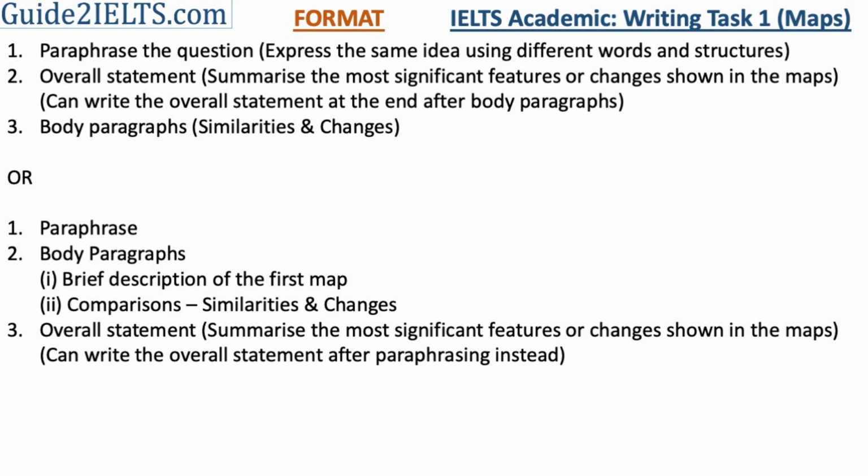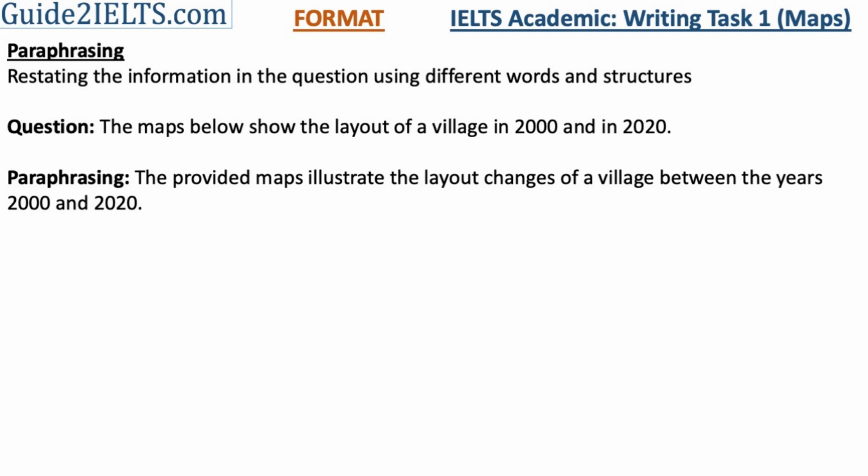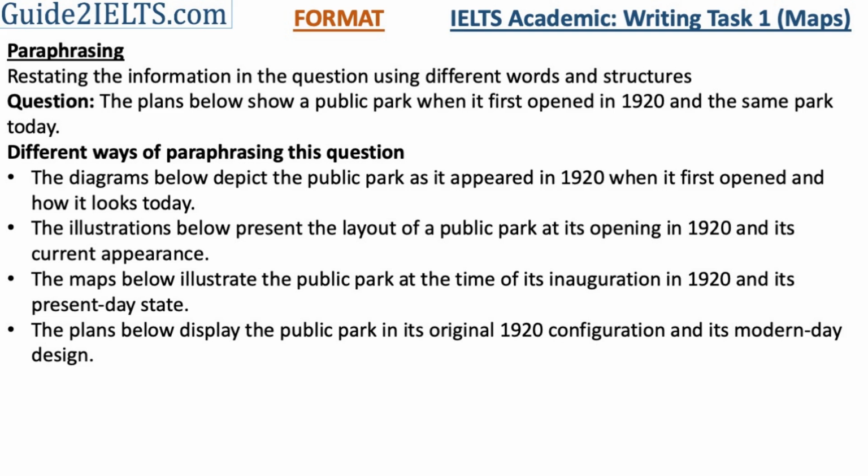Now let's discuss each of these a little. Paraphrasing means expressing the same idea using different words and structures. Even if you change word form, it is considered paraphrasing. For example, in this case, one of the changes that I have made during paraphrasing is that I've changed the word open to opening.